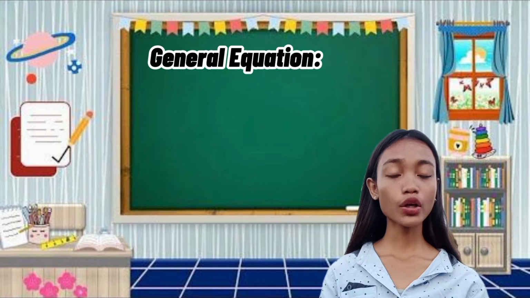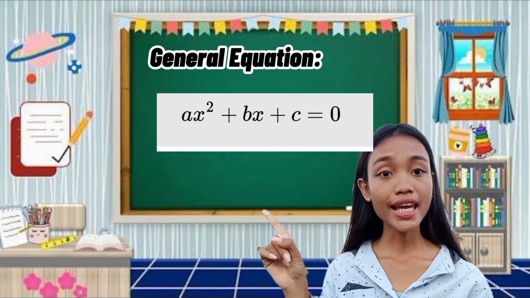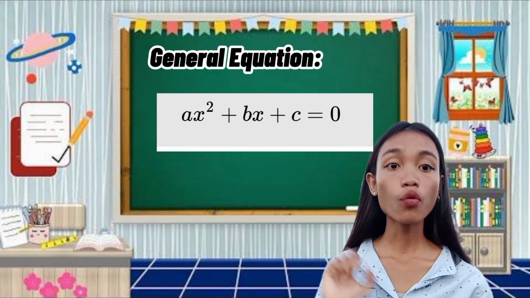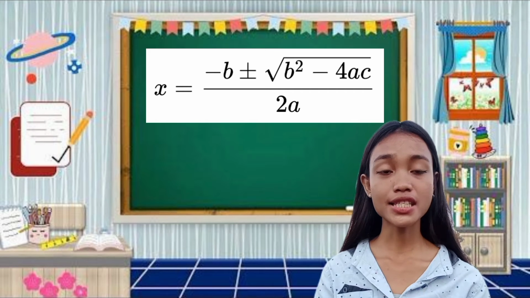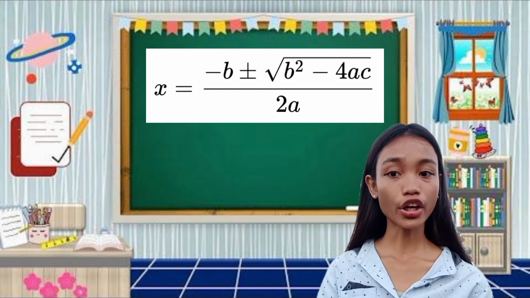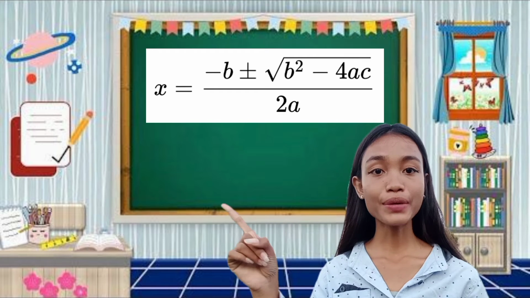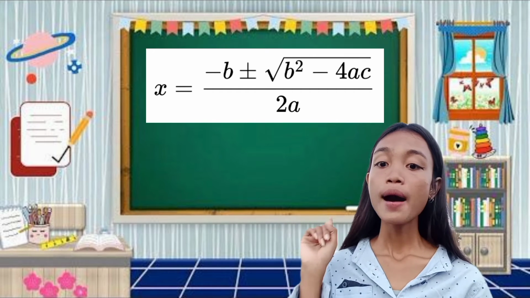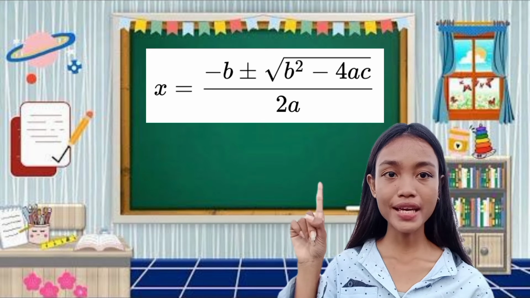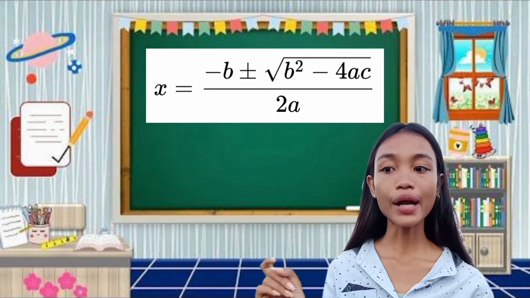Consider the general equation ax squared plus bx plus c is equal to 0. So there is a formula for solving this. As I mentioned earlier, the formula is x is equal to negative b plus or minus the square root of b squared minus 4ac over 2a.